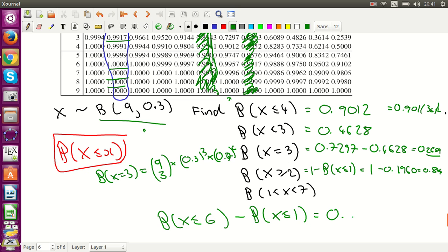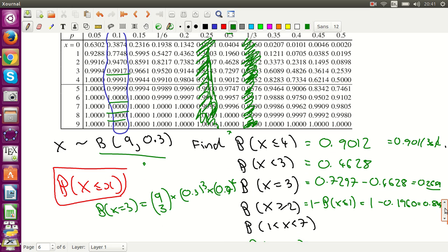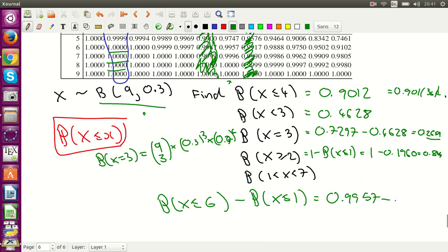That's 0.9957 minus the chance of x being less than or equal to 1, which is 0.1963, which is 0.7997, which would be 0.800 to three significant figures.